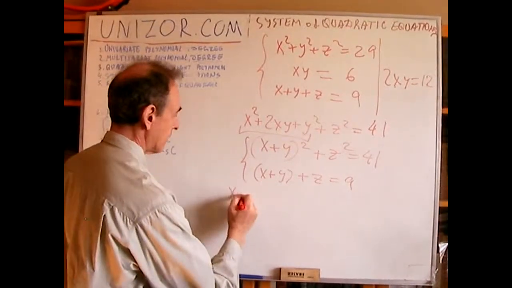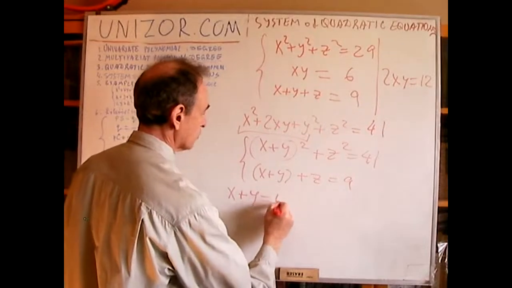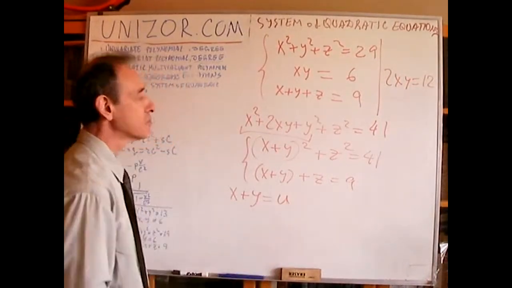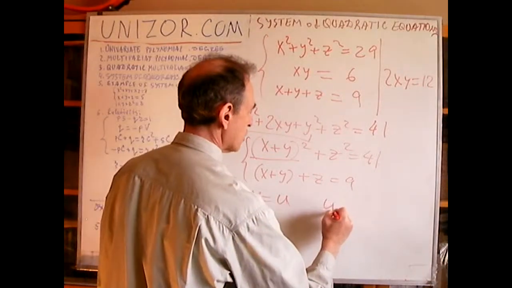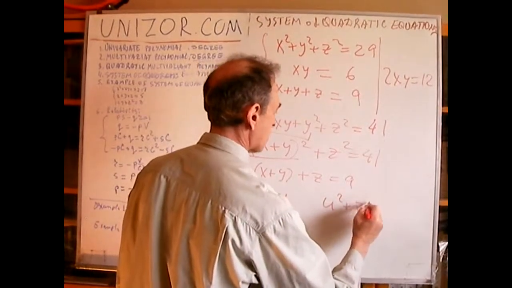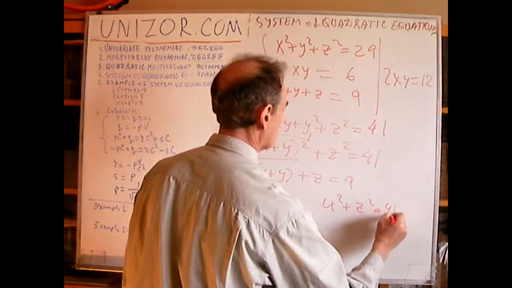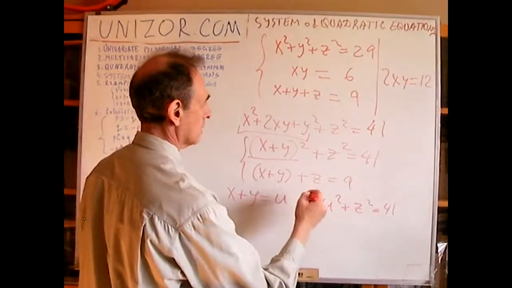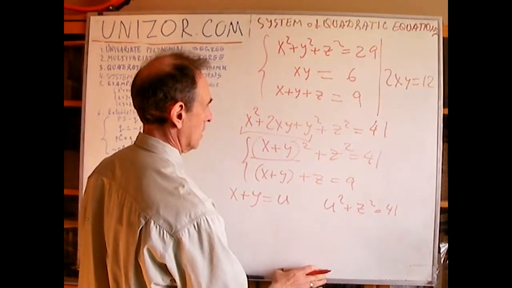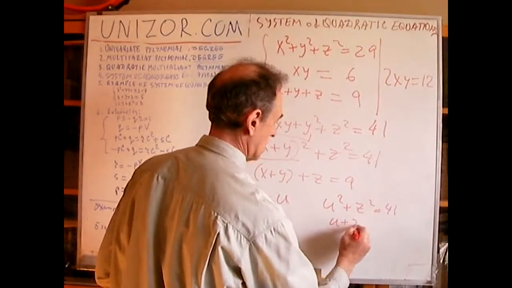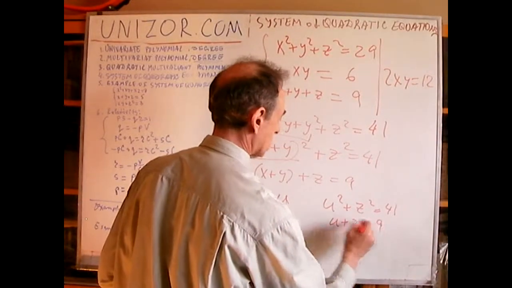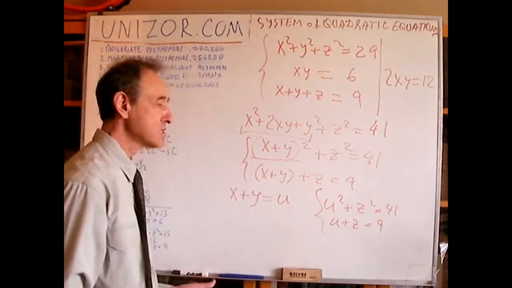If I put x plus y equal to u, some kind of intermediary variable, I will have a system: u squared plus z squared equals 41, and u plus z equals 9. This is much easier.